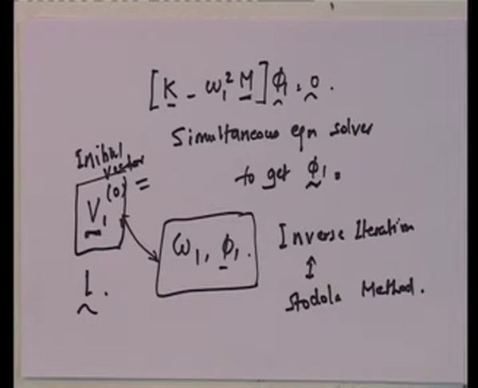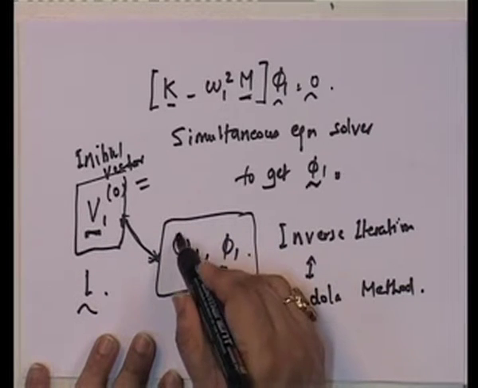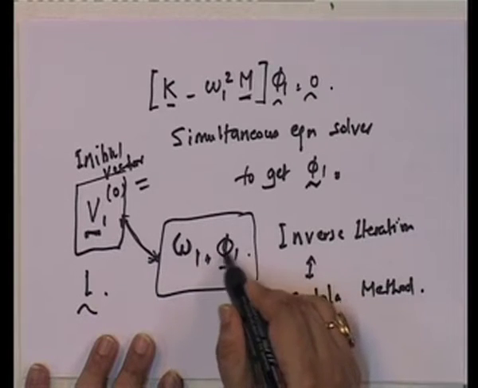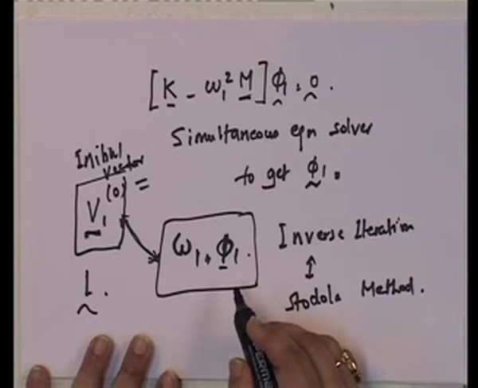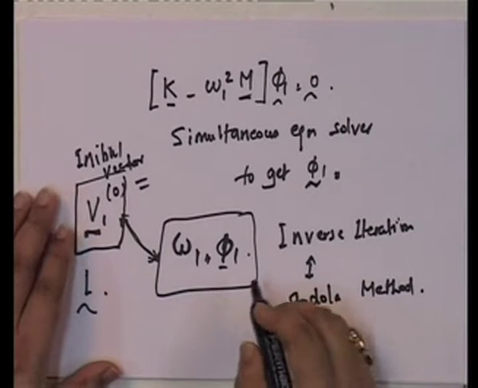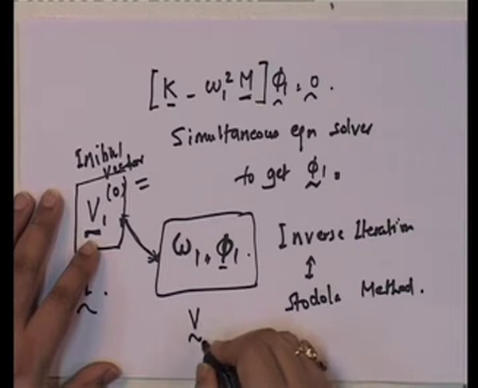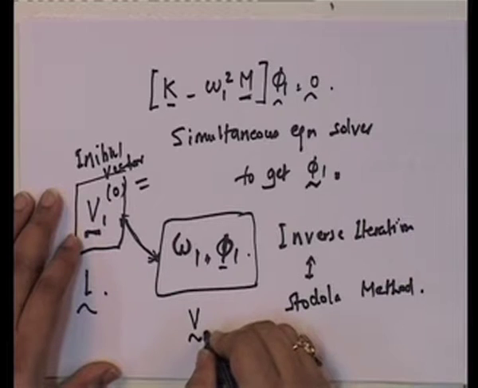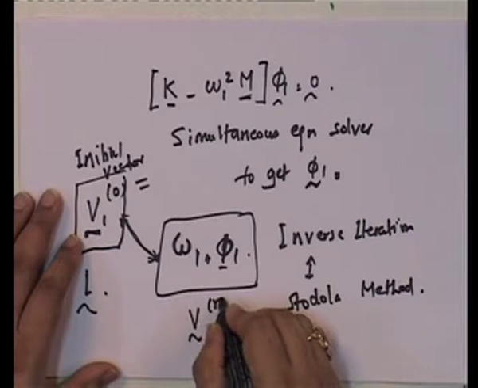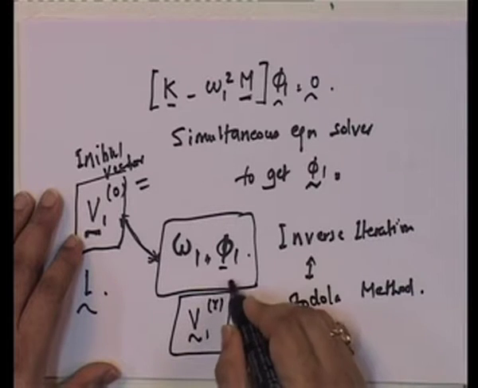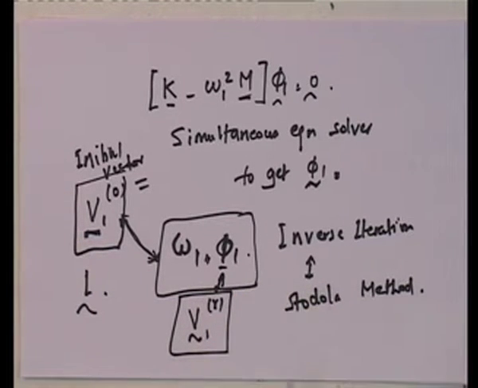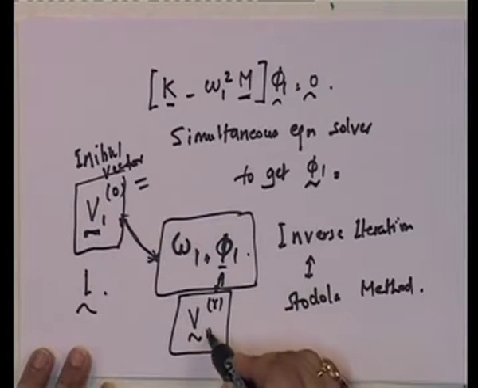Okay? It does not matter what your initial vector is, you will always converge to get omega 1 and phi 1. And note that, by the way, V 1 R is really the phi 1, okay, because it satisfies this. Okay. So, in other words, whatever you start from, you will always land up here.